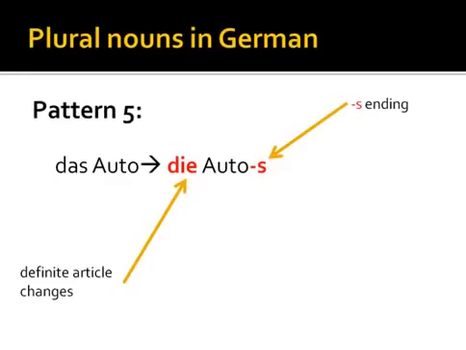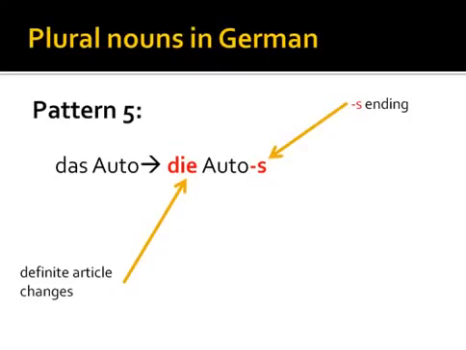Das Radio, die Radios. Das Taxi, die Taxis. Das Auto, die Autos. Most of them will be neuter, generally of foreign origin, and it's fairly straightforward and simple to form the plural form.